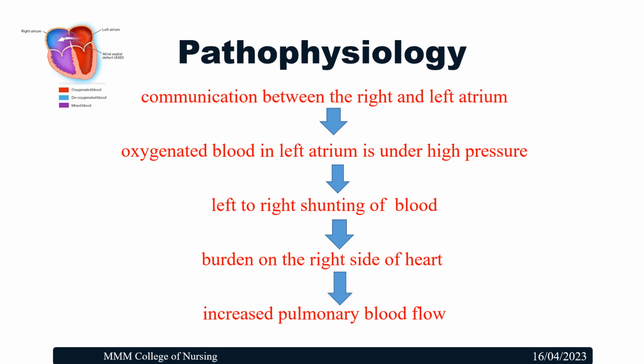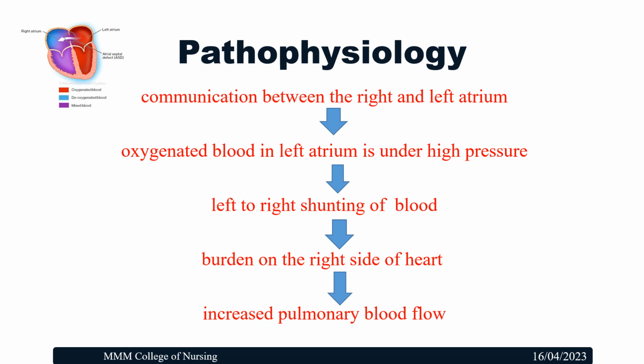Next, the pathophysiology. Because of the abnormal opening in the septum of the atrium, there is communication between the right and left atrium, and the oxygenated blood in the left atrium is under high pressure, which leads to left to right shunting of blood, and this burdens the right side of the heart.